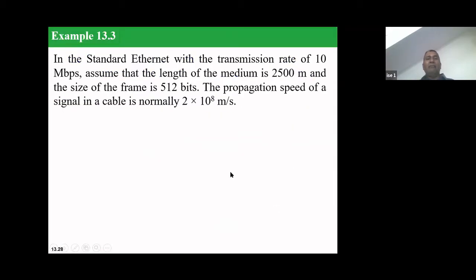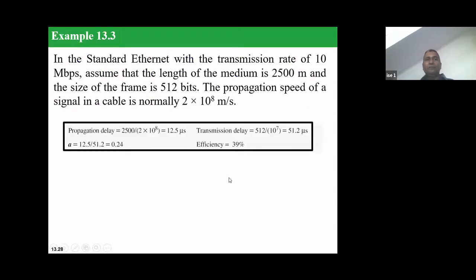Now, we have a small example: a standard Ethernet with a transmission rate of 100 Mbps is given, and assume that the length of the medium is 2500 meters, that is 2.5 kilometers. The length of the medium can be given either in meters or in kilometers.